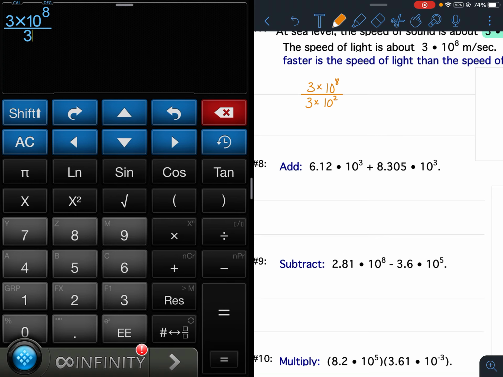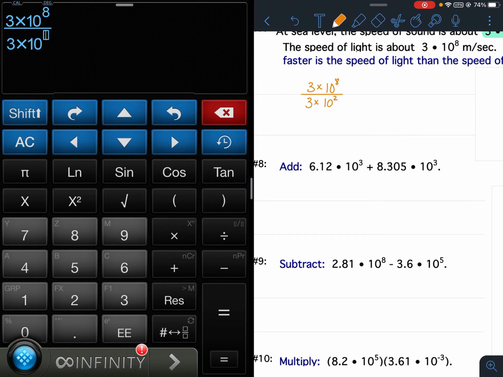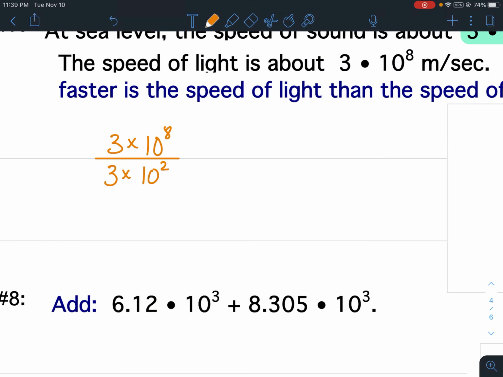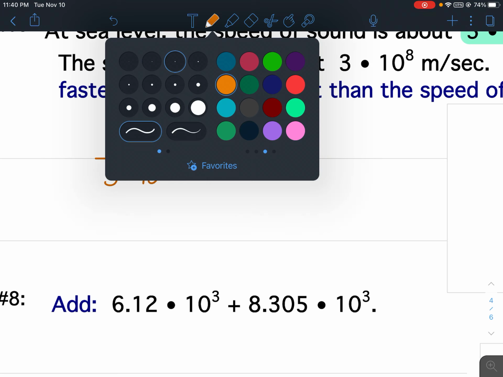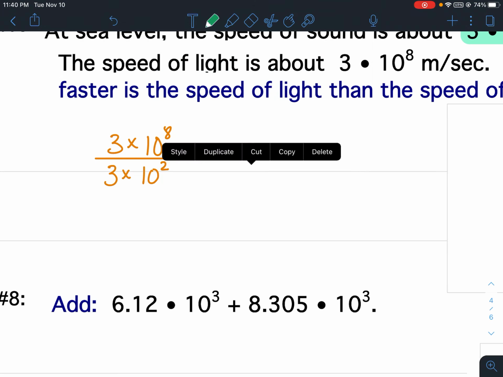All right, so now on the bottom, I've got 3 times 10 squared. Divide that out, and I get 1 million. So this would equal 1 million.